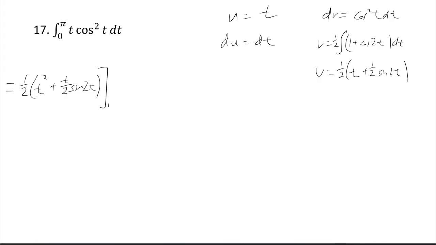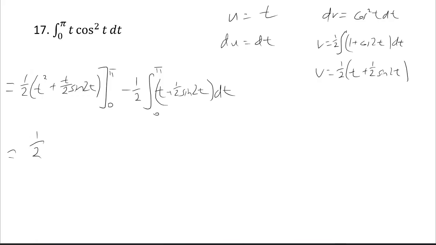We want to evaluate this from 0 to pi. And then minus the integral of, let's pull the half out in front, t plus half sine 2t dt from 0 to pi. Okay, now I evaluate everything at the end typically.